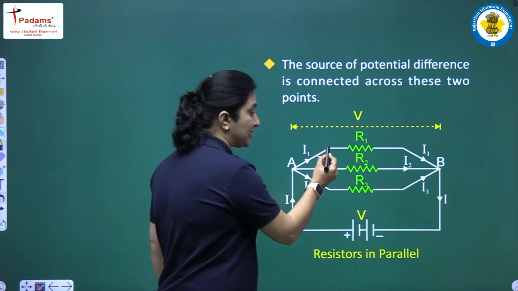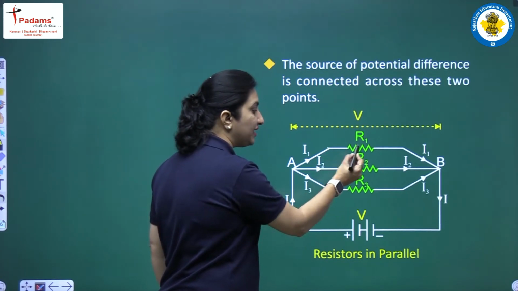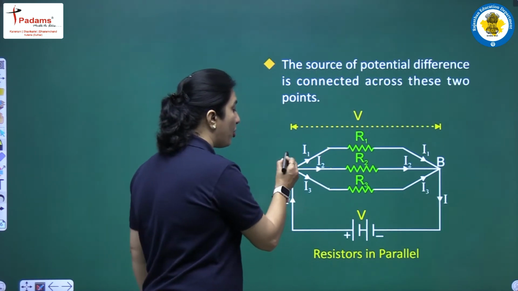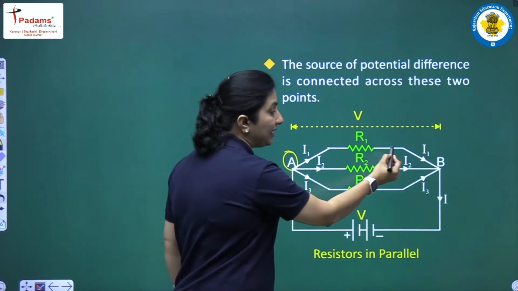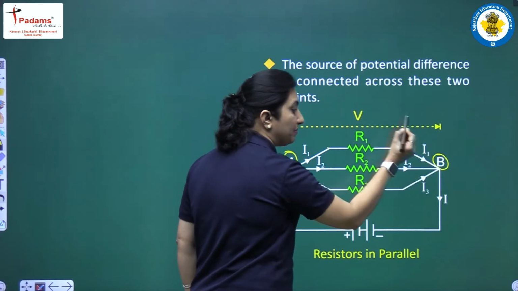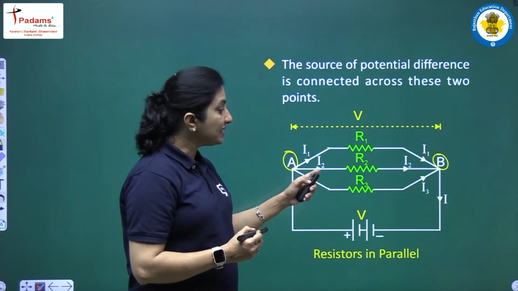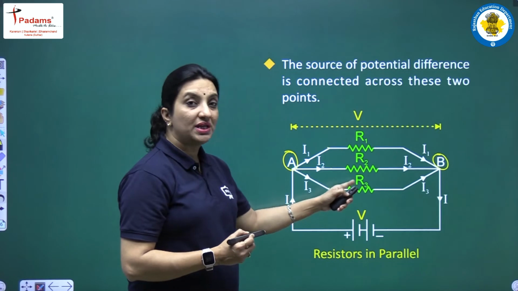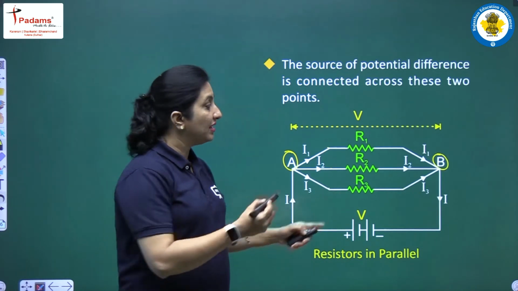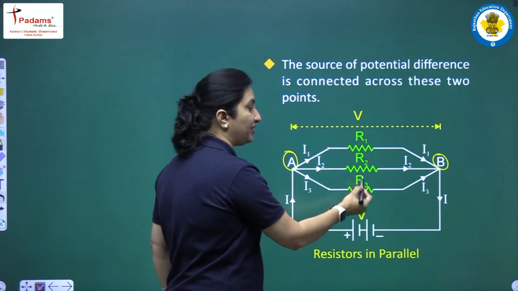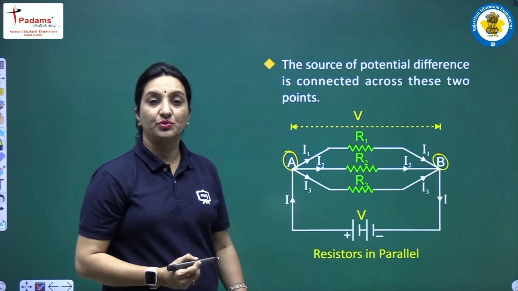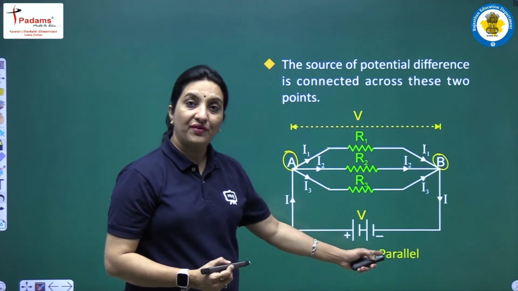One end of each of these three resistors, this end of this resistor, this end of this resistor and this end of this resistor, all three are connected to one common point A, and the other end of these three resistors is connected to another common point B. So here students, these three resistors are said to be in parallel and the potential across R1, R2 and R3 is the same, all equal to V, where V is the applied potential difference, which is the potential difference given by this battery connected in the circuit.